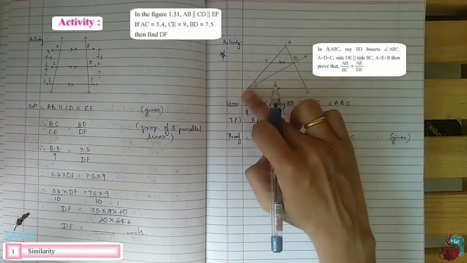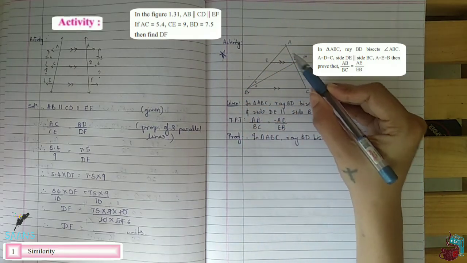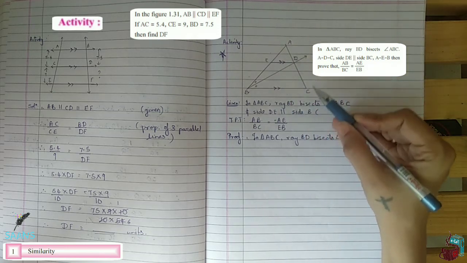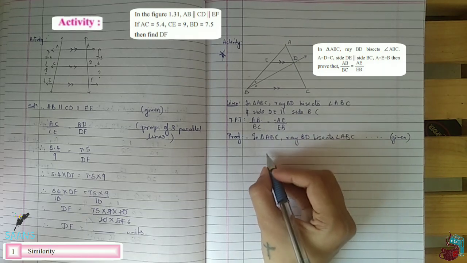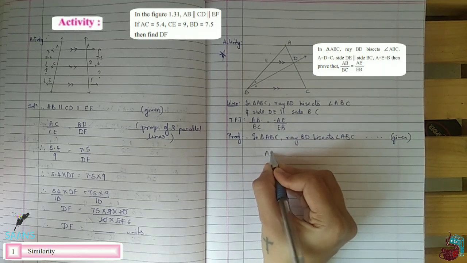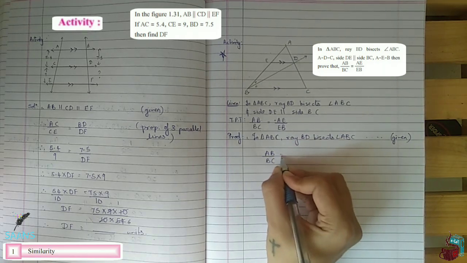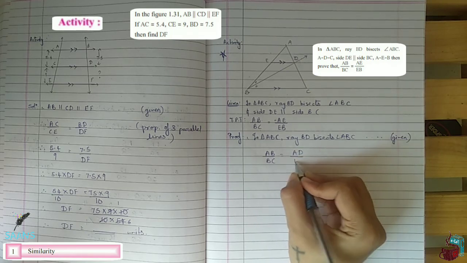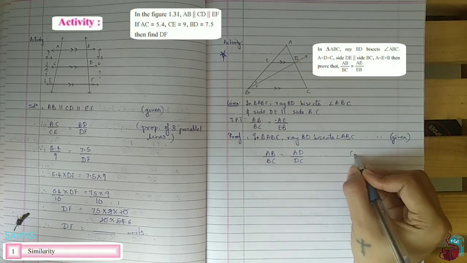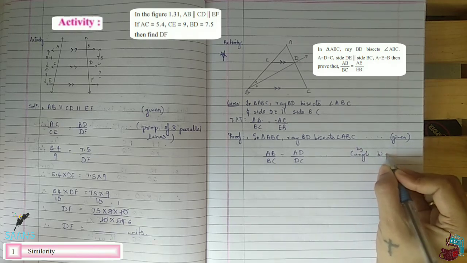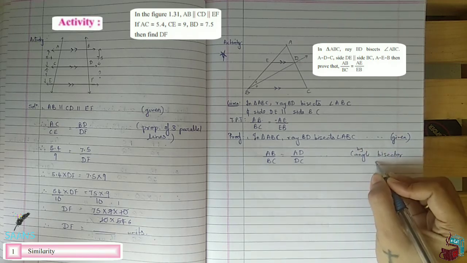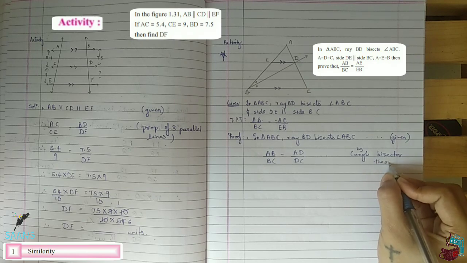Here you can see the bisector. So these are the two sides and this is what it divides. So it will be AB upon BC is equal to AD upon DC by angle bisector theorem or property.